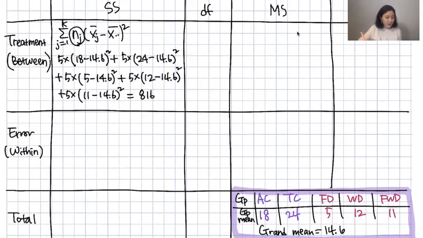And degrees of freedom is the number of groups minus 1, so 5 minus 1 is 4.